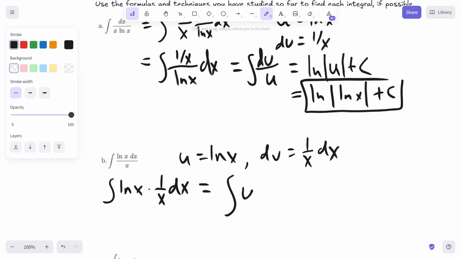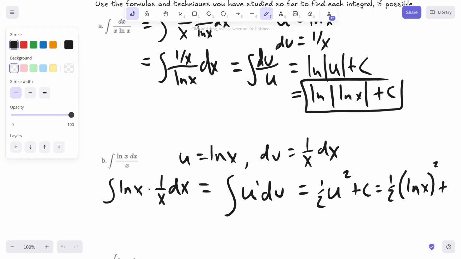And if u is natural log x, then the du is 1 over x dx. So that becomes u du. Now, if you just have u, sometimes this throws people off a little bit, but remember, this is just u to the first power. It's just a power rule. So u squared times 1/2 plus c, and this is going to be 1/2 the quantity natural log of x, squared, plus c.